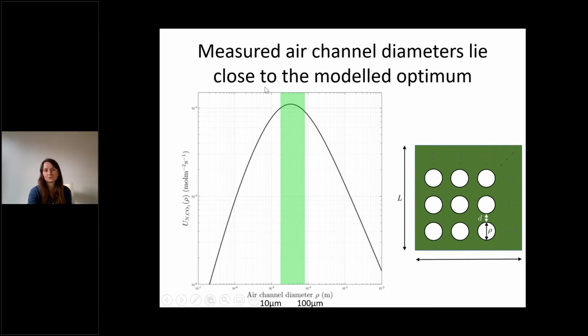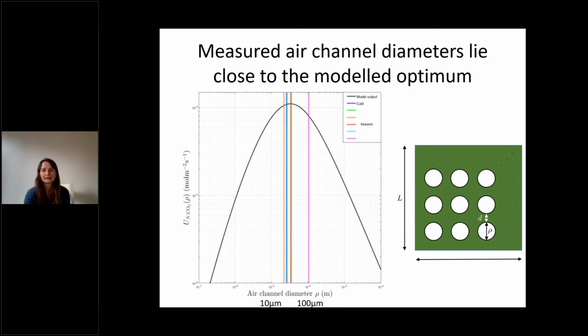So as well as a number of Columbia plants, we also had a few different mutants from various projects over the years, and we also looked at where their air channel diameters lay. I'll just overlay that here. So again, they really are within quite a similar range.